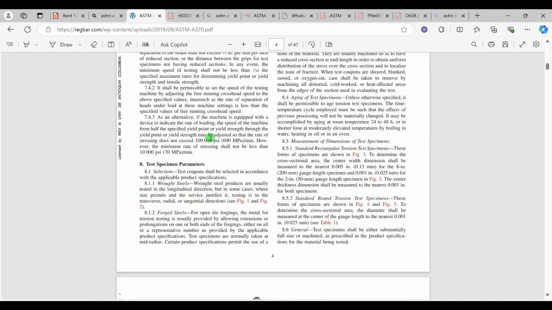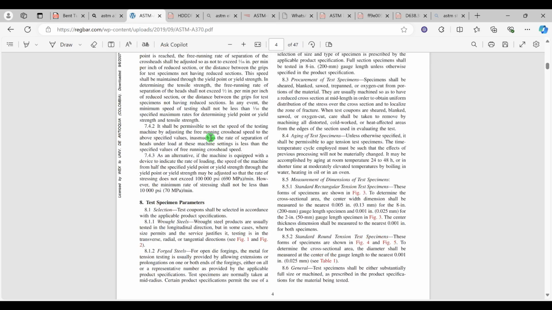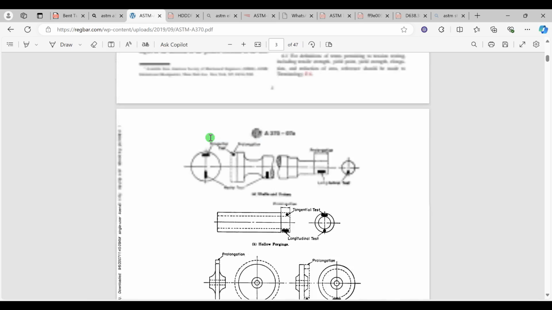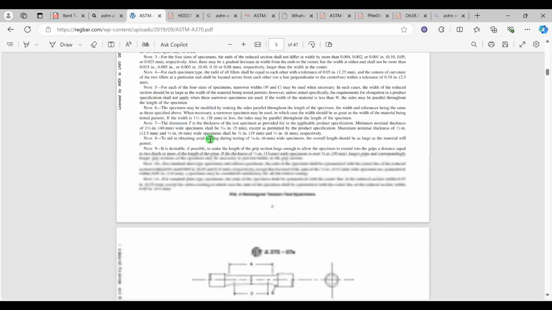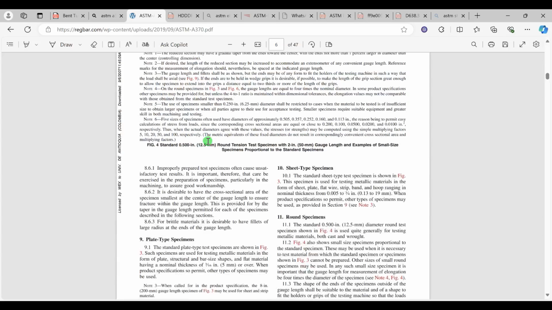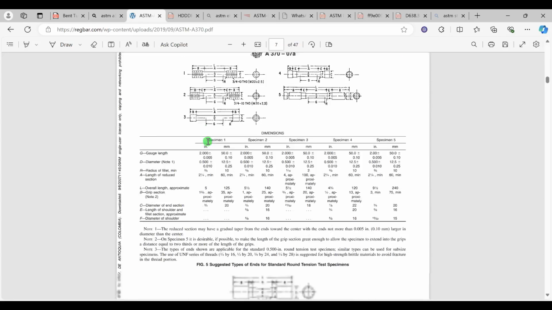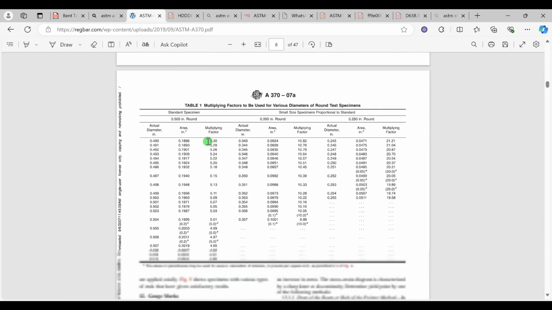Let me see if there are any other important things you should consider. In some cases you will need to consider the gripping area when you are designing.